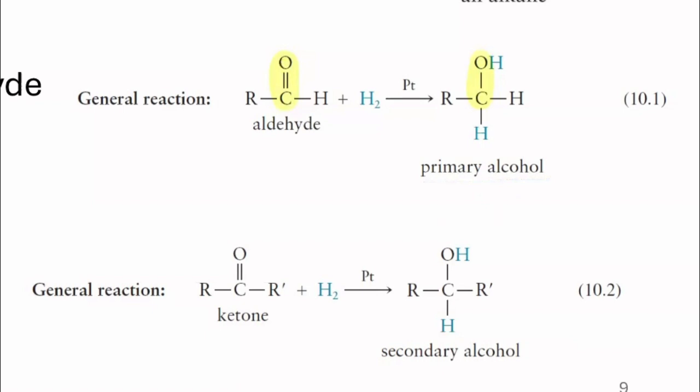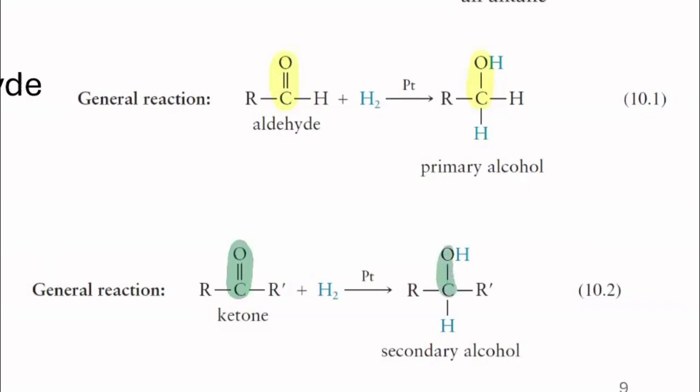Next, ketones can also be hydrogenated. Upon the hydrogenation of a ketone, we similarly add atoms on the carbon and the oxygen that were part of the carbonyl in the ketone.